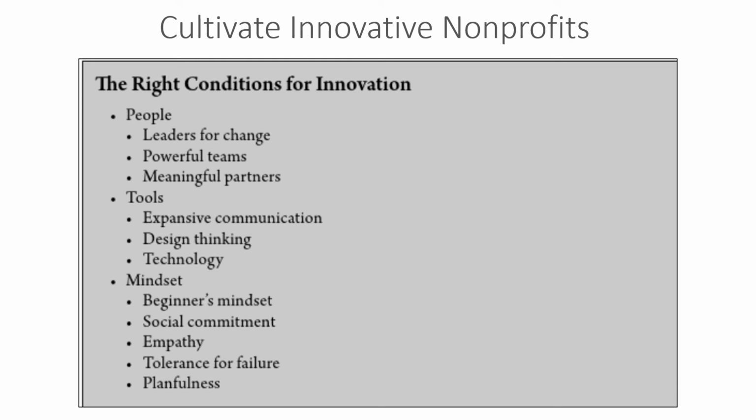And lastly, cultivating the right conditions for change and social action has to do with the idea that innovation requires not only the tools and the people, but also changing paradigms.